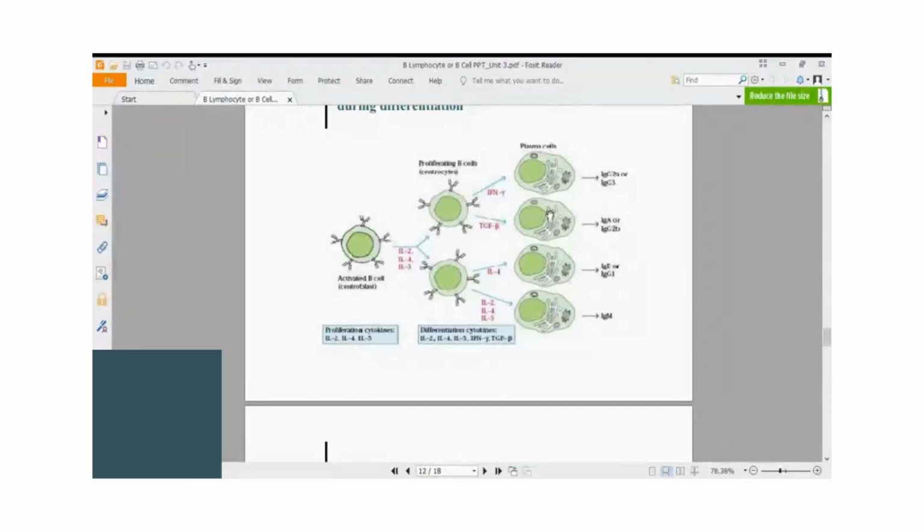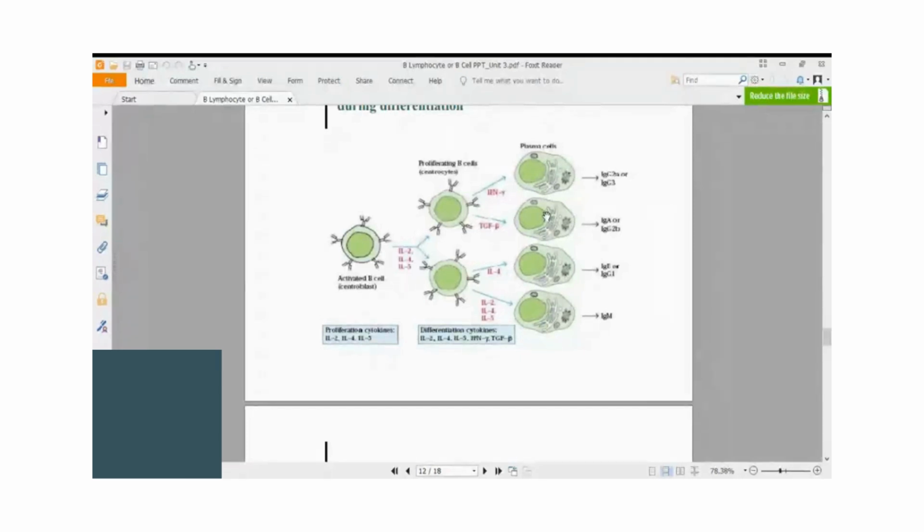Then that B lymphocyte should not produce antibodies other than IgA. So in that case, it should respond to the cytokine TGF beta and produce copious amounts of IgA because it can survive in the mucosal lining. And I had mentioned that IgA cannot be digested by our enzymes. It has a protection.